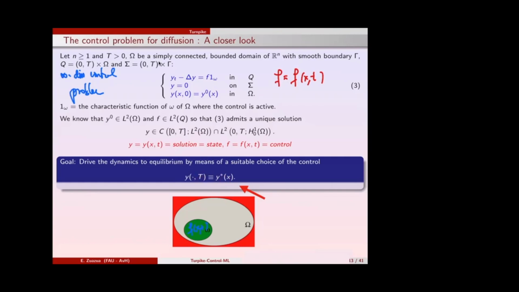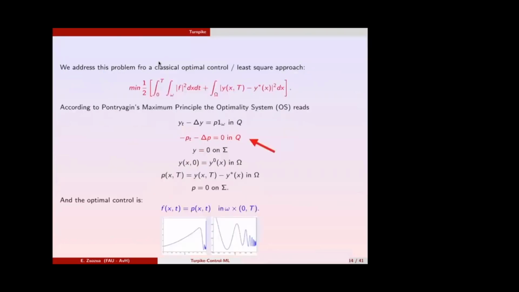So this is the typical controllability problem. You want to reach a desired final configuration. Good.